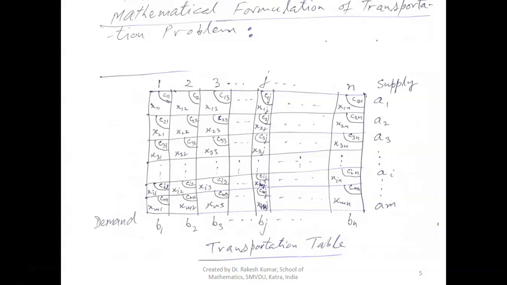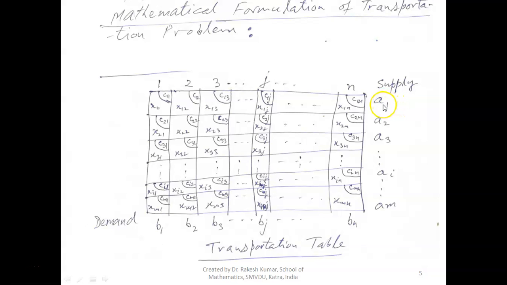Now, mathematical formulation of transportation problem. Before formulating the transportation problem, we must understand the transportation table. So in this table we can put all the supplies, demand values, as well as the underlying per unit transportation costs. So suppose we have M supply centers, and at these supply centers we have supplies.